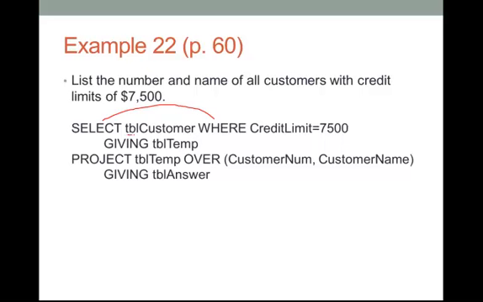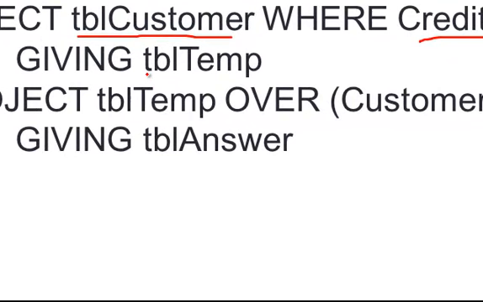So we're selecting from this table where the credit limit is this. Select is always a row, so I now have the entire rows of every record in this table where the credit limit is 7,500, and I'm storing it into this temporary table right here. Then I'm using that temporary table in my next query, in my next line.